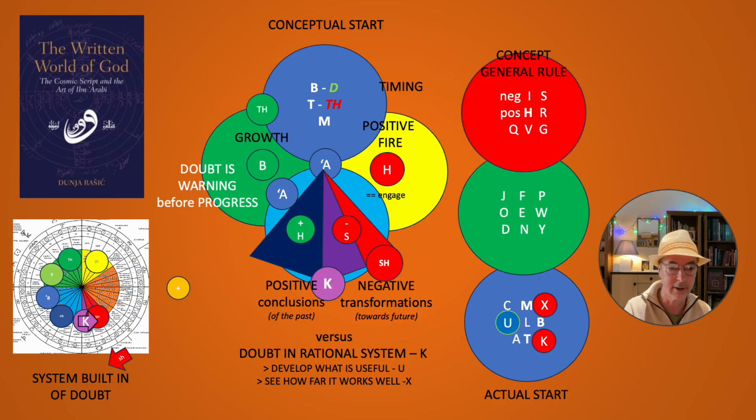The H is a letter that in the Arabic system is on the right side, the fire side, in the middle. For us, it's the conceptual. It's about the conceptual balance of what works well in a general context, in a general rule.